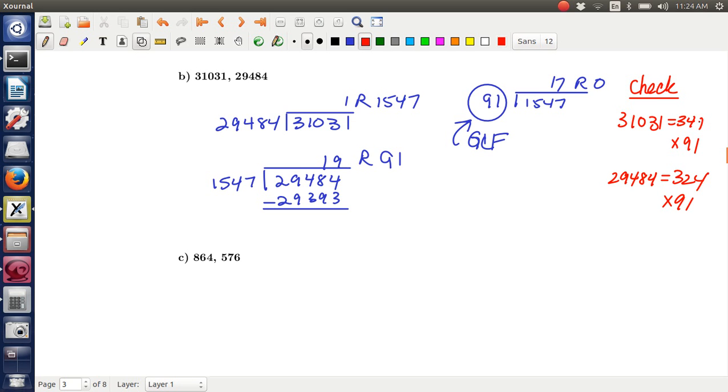And so we actually have no idea if 341 and 324 have common factors.